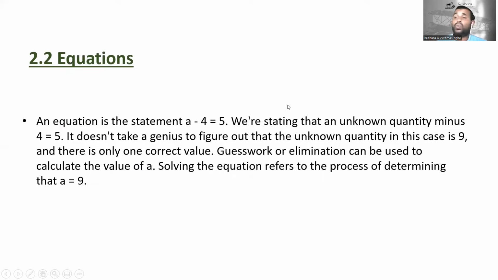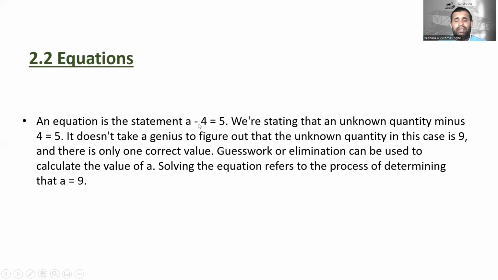Now we'll go to 2.2, equations. An equation is a statement, a minus 4 equals 5. We are stating that an unknown quantity minus 4 equals 5. It doesn't take a genius to figure out that the unknown quantity in this case is 9, right?